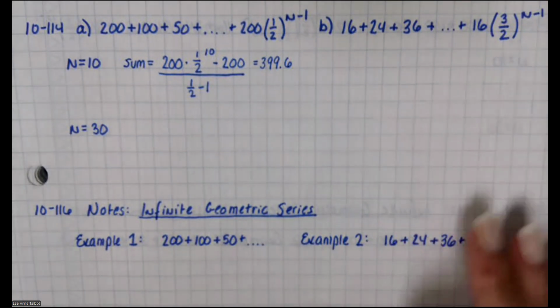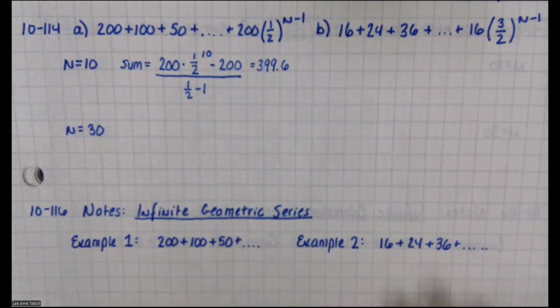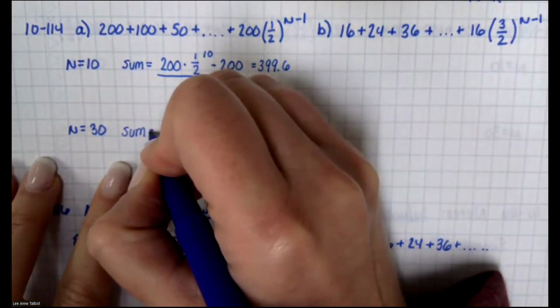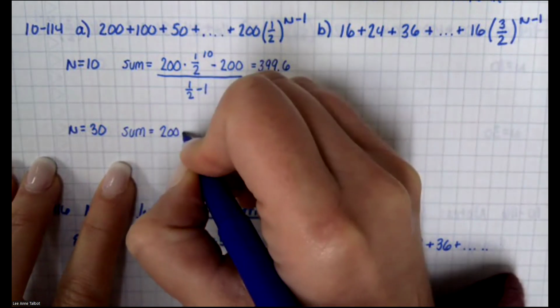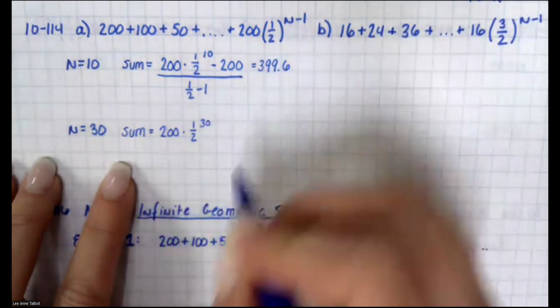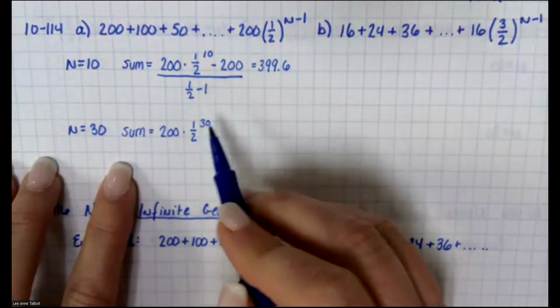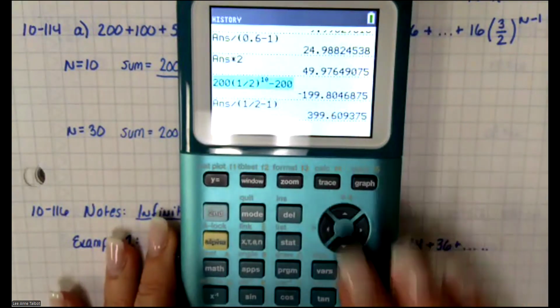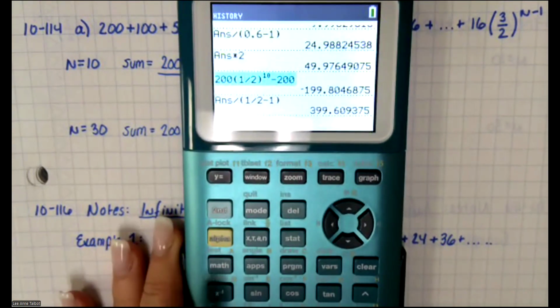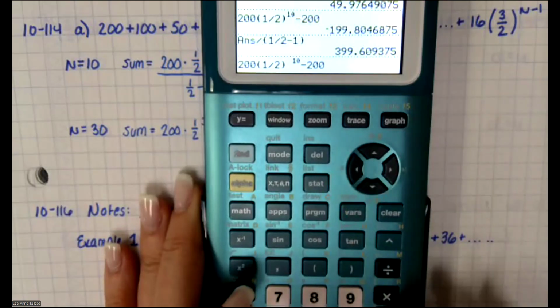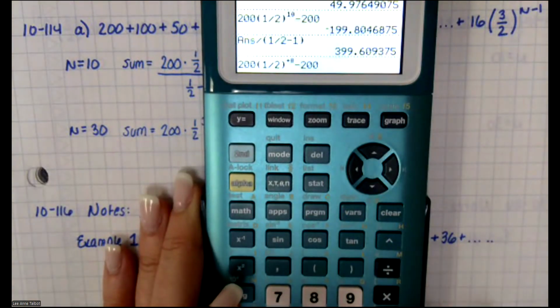Can you see that it's dangerously close to something? Okay, so let's do it again. And in this case, change your n to 30. This is how lazy I am. I will scroll up in the calculator and hit enter, and I'm just going to change this 1 to a 3.